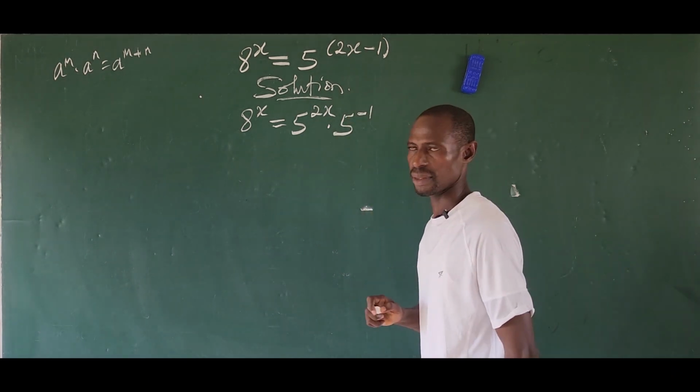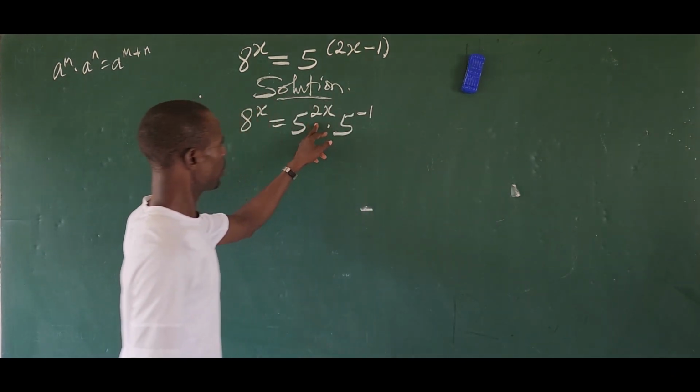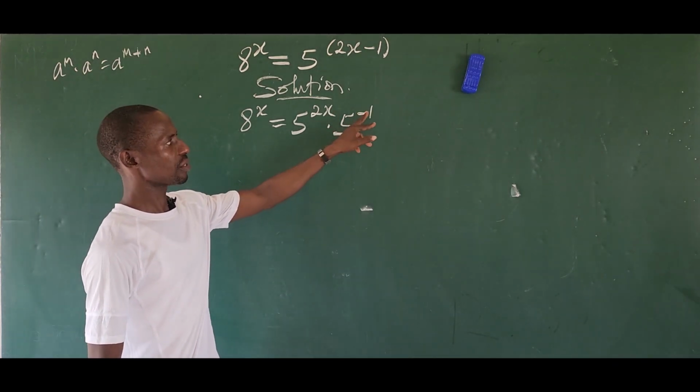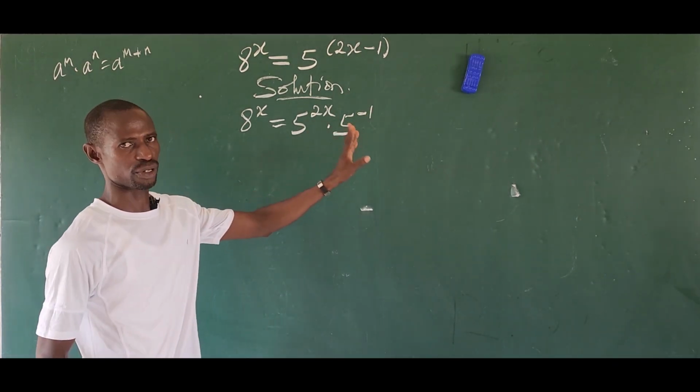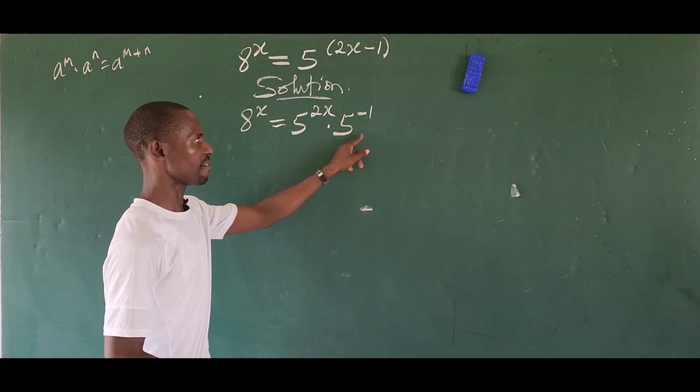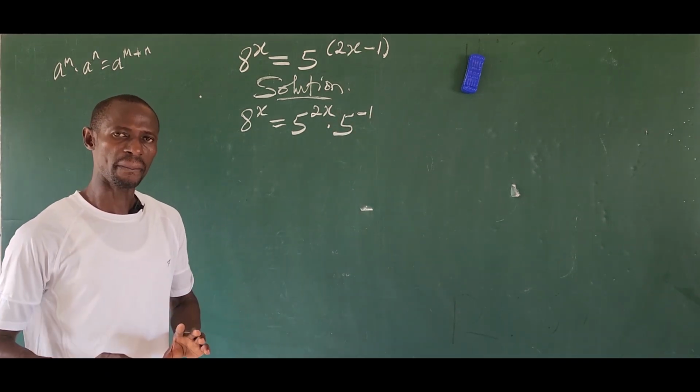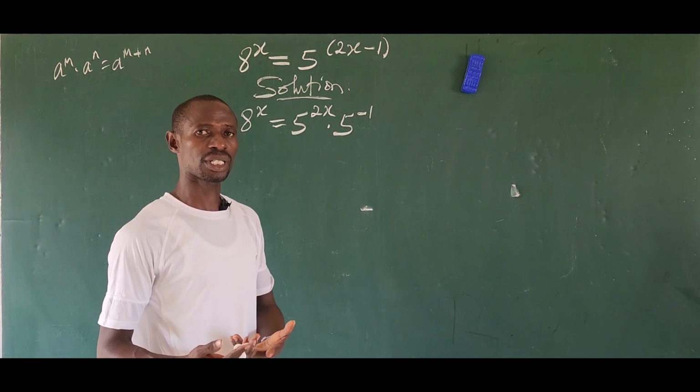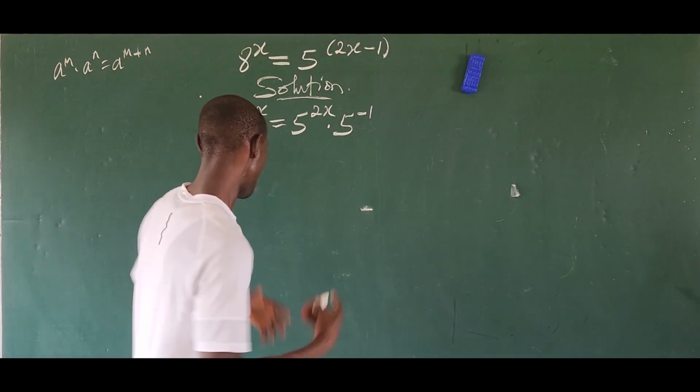Look at it here. If we sum 2x plus minus 1, it is going to give us 2x minus 1. Now we can rewrite this 5 to the power of minus 1 by eliminating the minus at the exponent. How?